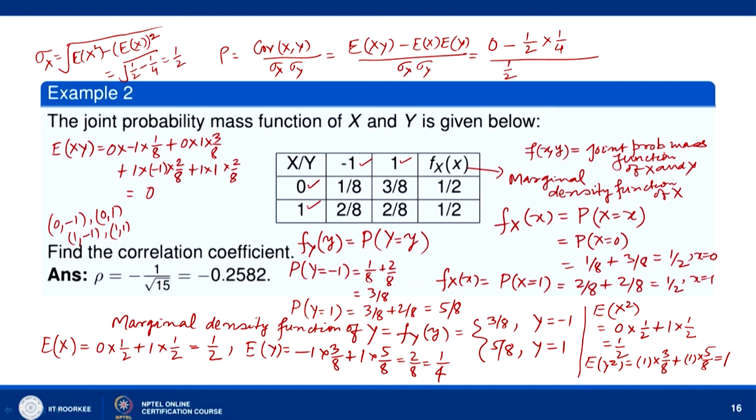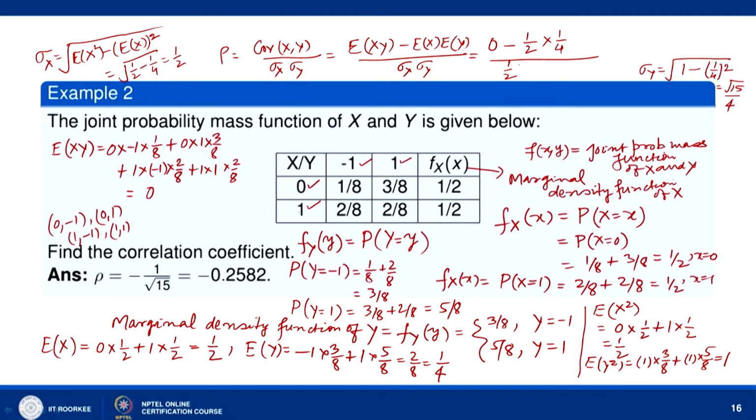Now, let us find sigma y. Sigma y is equal to the square root of expectation of y square, which is equal to 1, minus expectation of y, which is 1 by 4, whole square. So this is equal to square root 15 by 4.